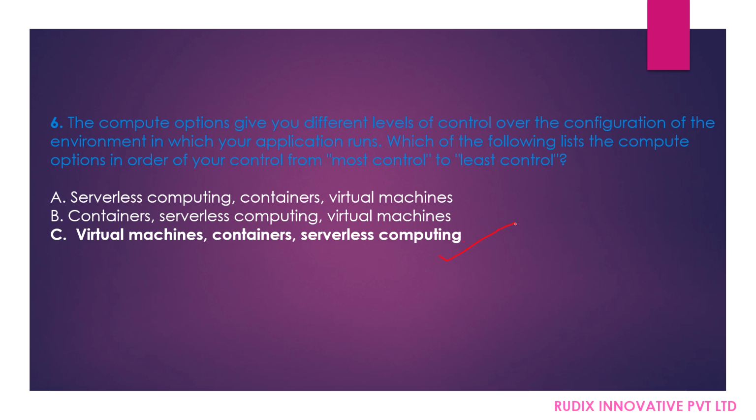The cloud provider automatically provisions resources based on demand. So option C, from virtual machines to containers to serverless computing, represents the order of decreasing control over the configuration of the environment.